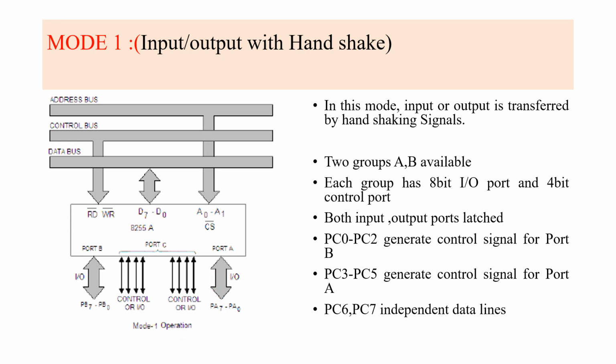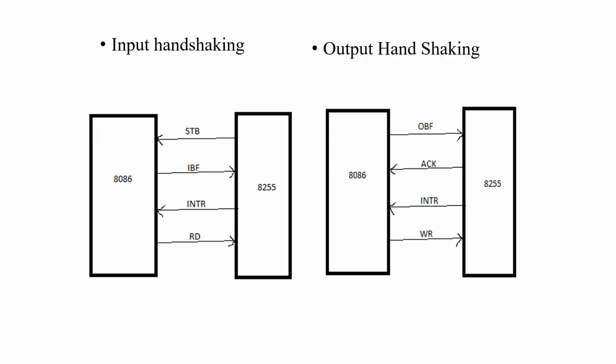So that is mode 1 under the I/O mode. This is an example of input-output handshaking. Apart from reading and writing data from different ports, port C will be used for handshaking also. So these are the example signals used for handshaking in mode 1 operation.